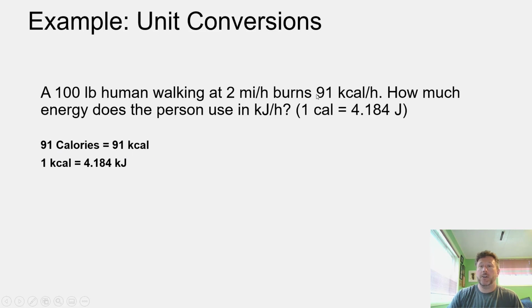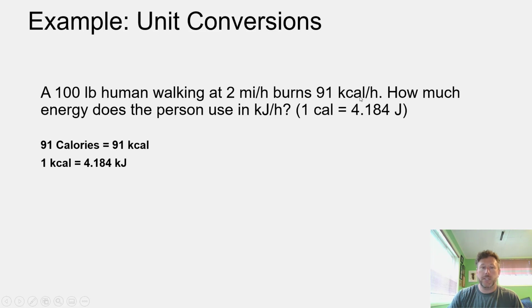So when we say that our human burns 91 kilocalories per hour walking at that rate, that's what we would typically in ordinary language call a calorie, this kilocalorie. So 91 capital C calories, a food calorie, is actually equal to 91 kcals, or 91,000 little c calories. And so notice our human's original walking rate is expressed in kilocalories per hour.